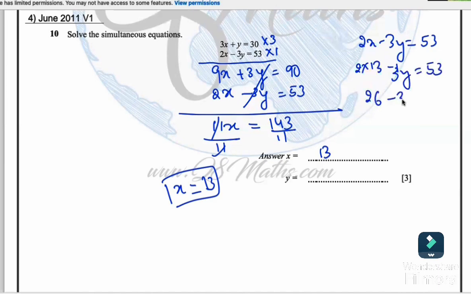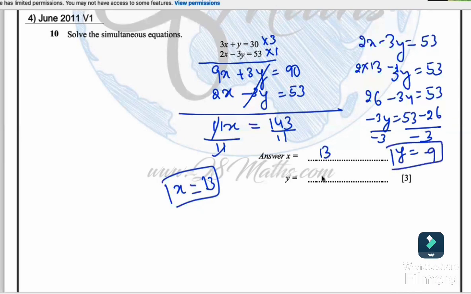So 26 minus 3y is equal to 53, or minus 3y is equal to 53 minus 26, and divide by minus 3 on both of the sides. Therefore, y is equal to 53 minus 26 divided by minus 3, which is going to be negative 9. Hence, write the answer as negative 9.